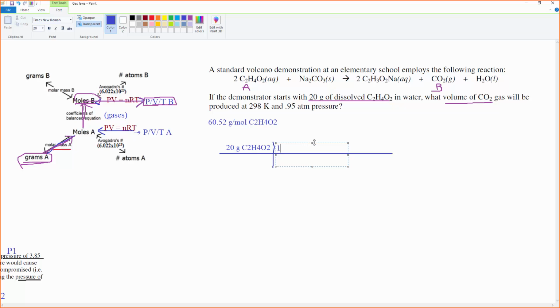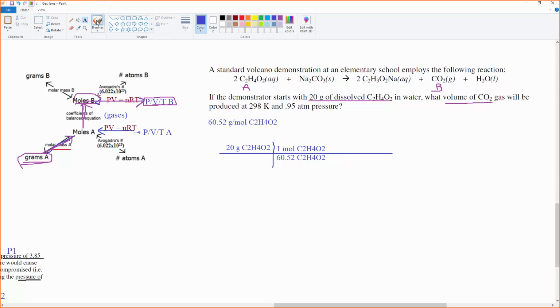Yeah, we're going to put the mass at the bottom. Good. Great. Okay, now what? Coefficients. Okay, perfect.